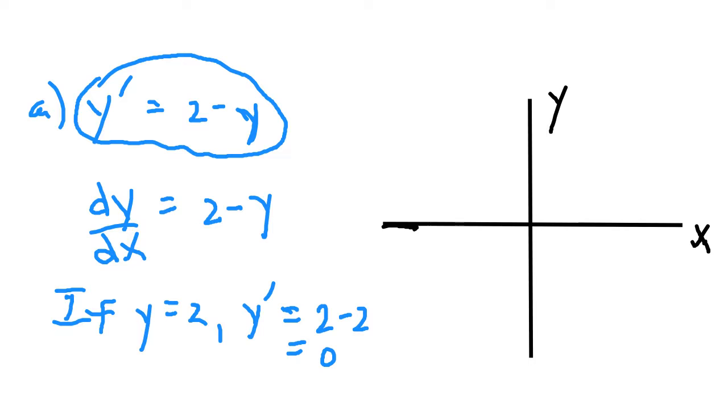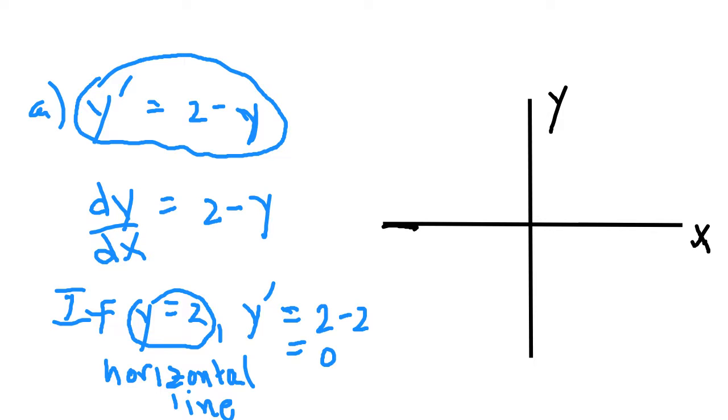So this means that, well, what is y equals 2? That's a horizontal line, right? That's a horizontal line, y equals 2. So if I were to draw a horizontal line here, there's 2 there.